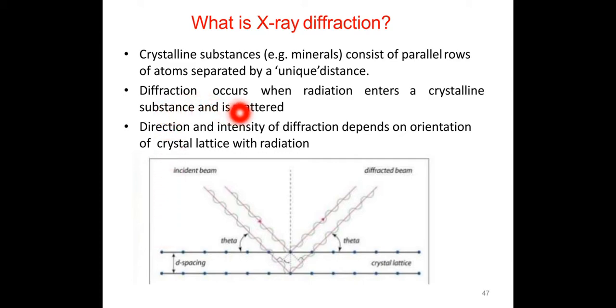So diffraction occurs when radiation enters a crystalline substance and is scattered. You see here, this is the incident beam. It is falling on the surface, then it gets diffracted in this way. This is the diffracted beam, this is the angle of incidence, and this is the angle of diffraction. So the distance and intensity of diffraction depend on the orientation of the crystal lattice with respect to the radiation.